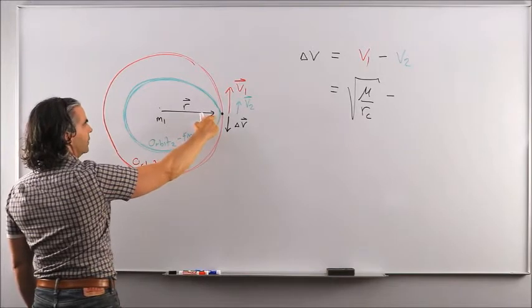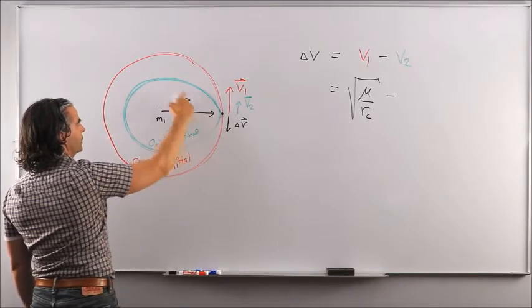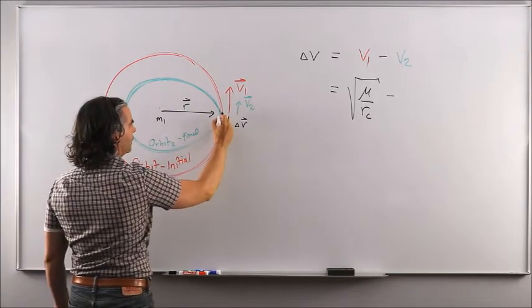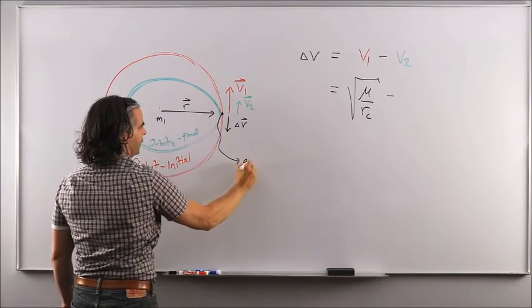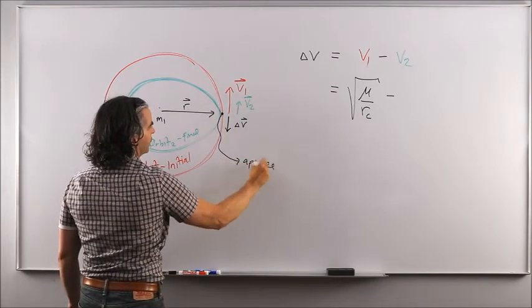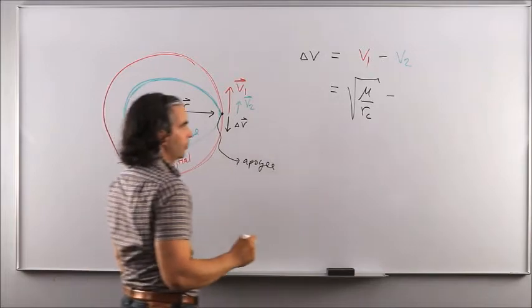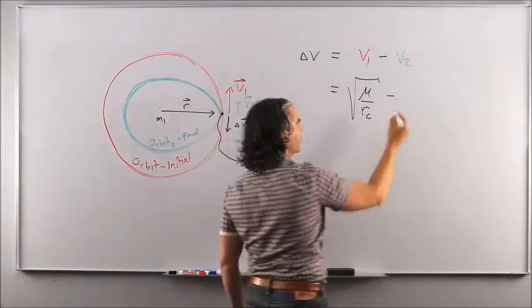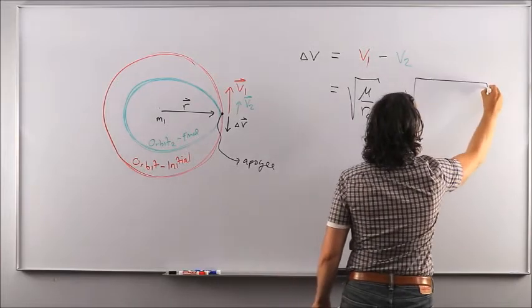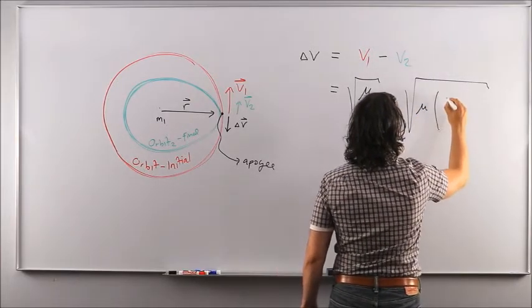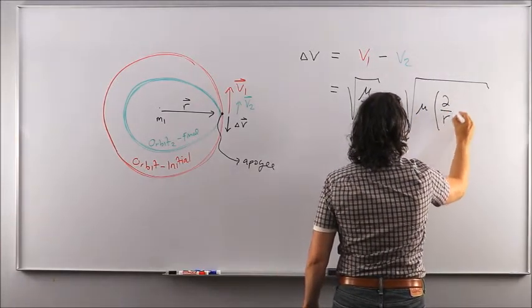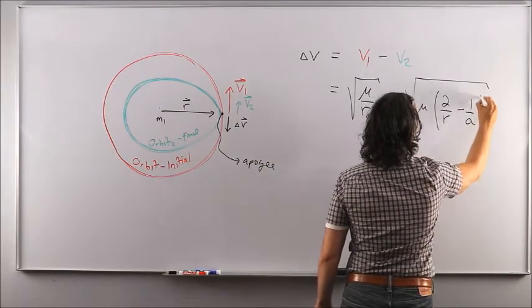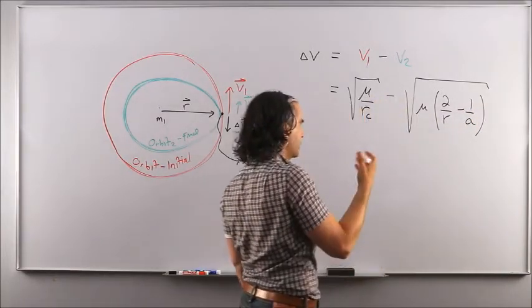We are not anymore at the perigee of the ellipse, but we are now at the apogee of the elliptical orbit. So we better calculate the speed at the apogee of this particular orbit. So we're going to say square root of mu times 2 over r minus 1 over a. That's how I usually start writing the speed along the ellipse.